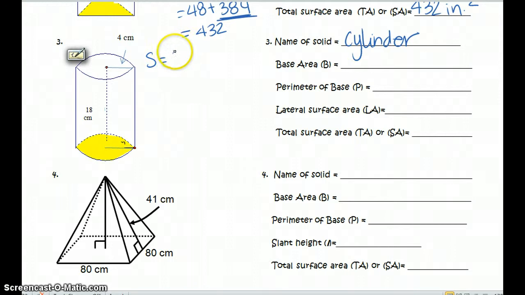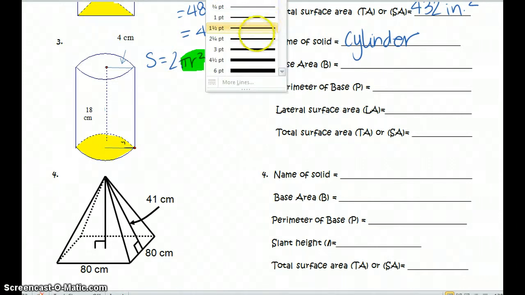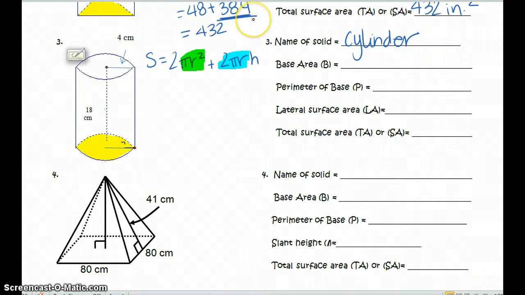So this is going to be 2 pi r squared plus 2 pi r times h. Okay. So this would be the B, so 2 times B, and then this would be the perimeter, 2 pi r, times h, because remember that we have circumference for quote-unquote perimeter.